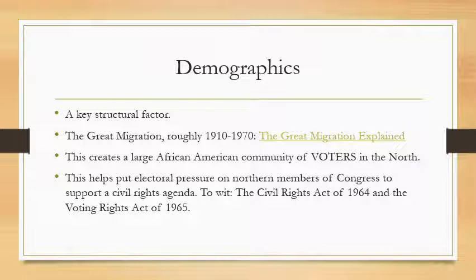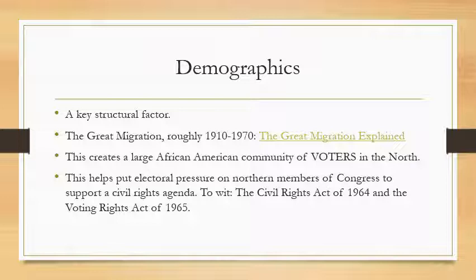So this Great Migration is the mass movement of millions of African Americans over time, from about 1910 to about 1970, out of the rural, agricultural South and into the industrial, urbanized North. Millions, I think roughly 5-6 million, something like that. It's a mass migration. Why is this politically significant for our purposes?